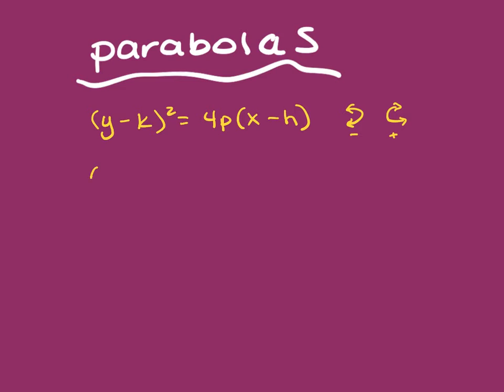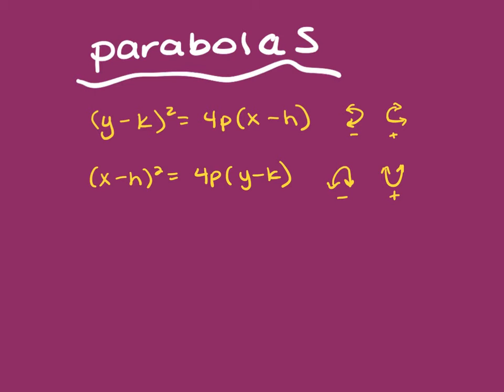The second is x minus h squared equals 4p times y minus k. So the h always goes with the x, the k always goes with the y. And this points down if it's negative or up if it's positive. Sometimes the h and k are 0, 0.